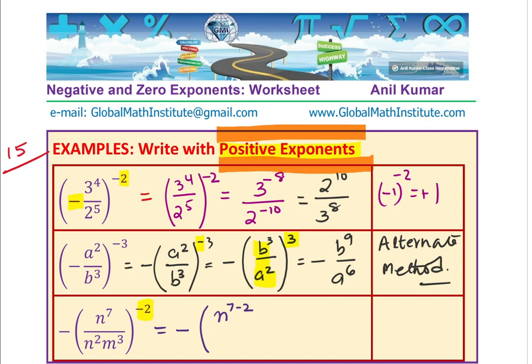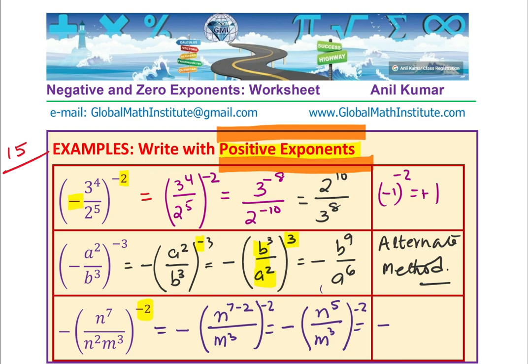That becomes in the numerator. And then we have m cube here. N to the power of minus 2. Makes sense? Okay, that's still positive. So I could write this as n to the power of 5 over m cube to the power of minus 2. And now I can flip. Right, so now I can flip and then write down this as minus.